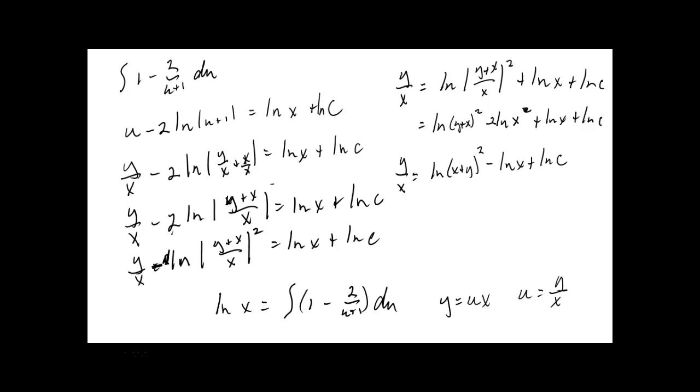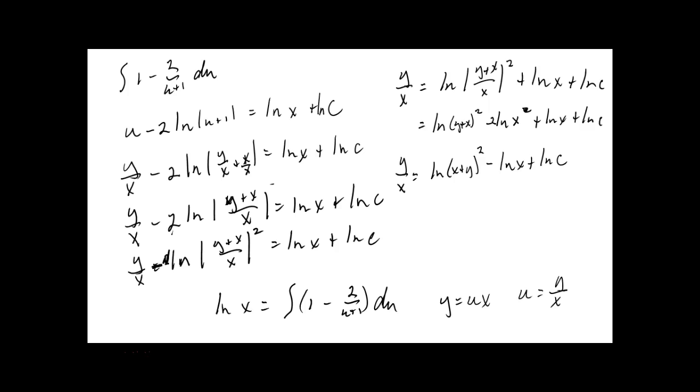Okay. I separated these and made it log of this thing squared minus log of this thing squared. But once I got that separated, I brought the 2 down in front, just like I moved the 2 up here. I brought it back down and made it 2 log x plus log x, which makes it a negative log x.